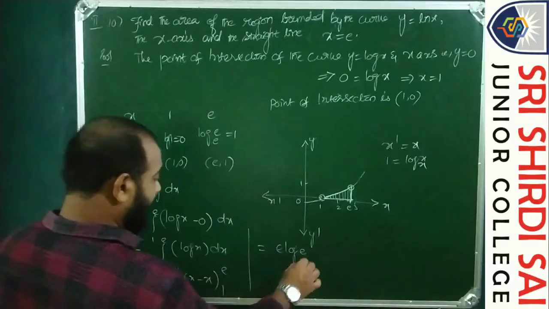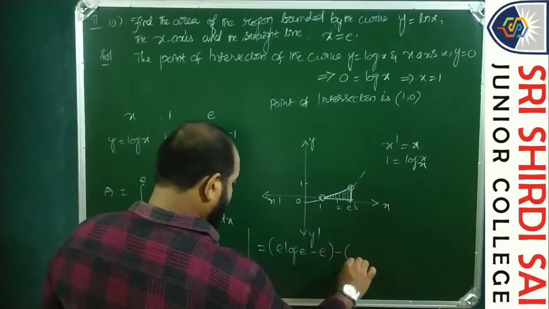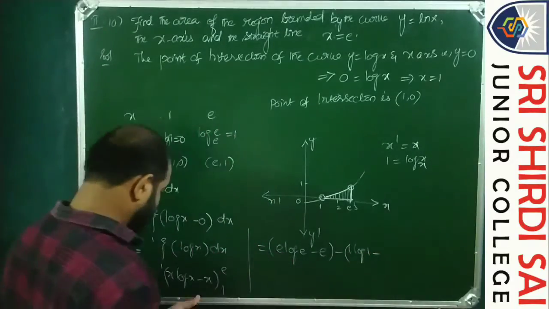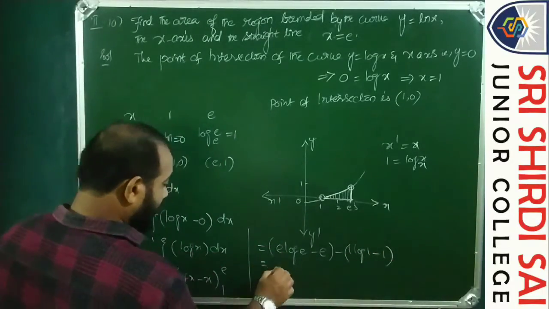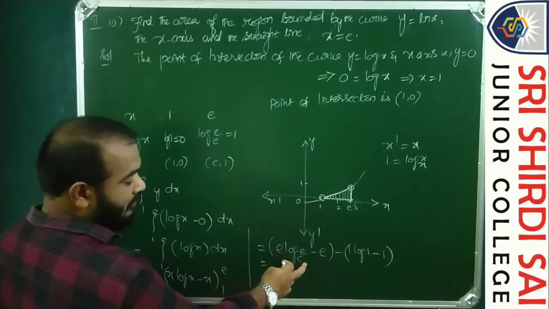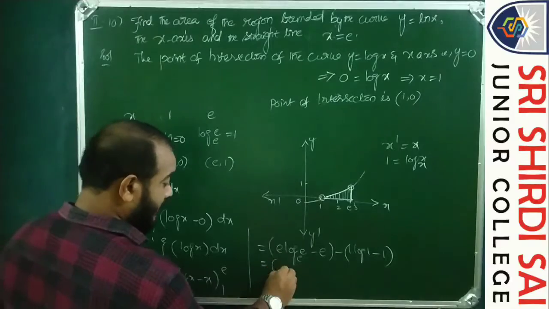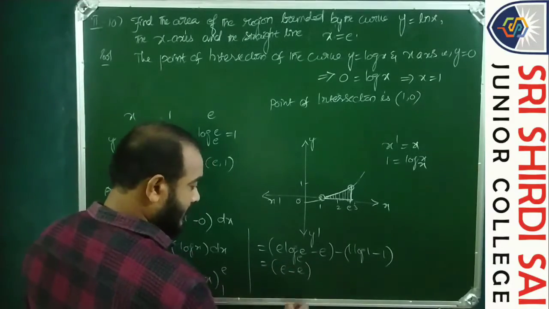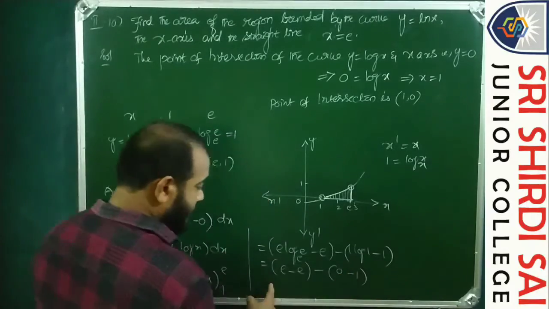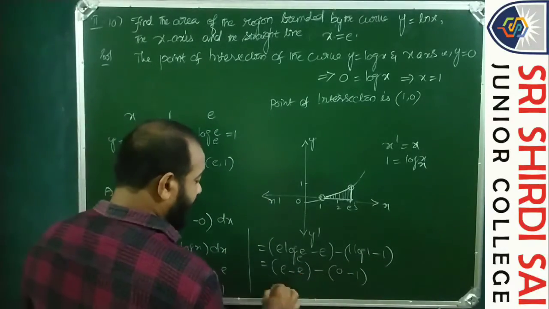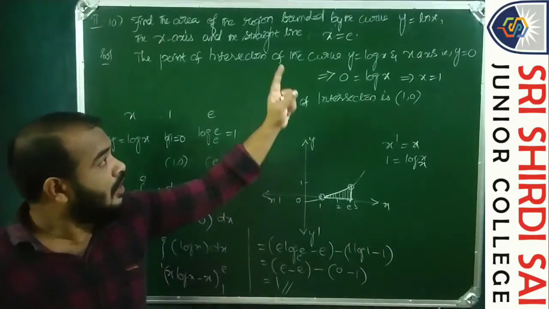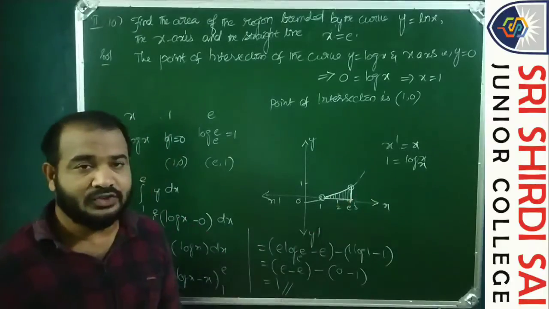E log e, log e to the base e is 1, so e into 1 is e, minus e, minus log 1 value is 0, minus 1. So e minus e is 0, minus of minus is plus 1. Therefore, 1 is the area of the region bounded by log x, x-axis and x equals e.